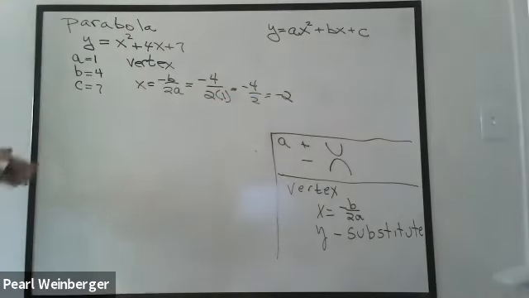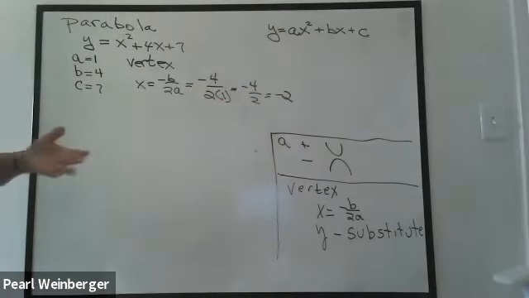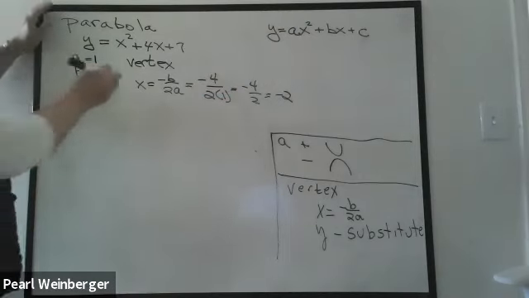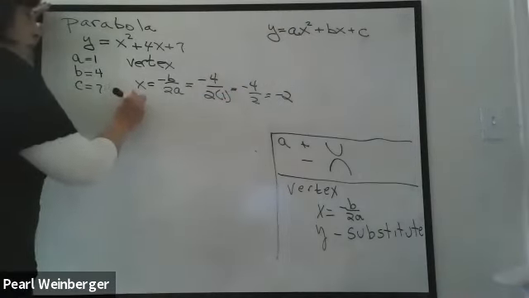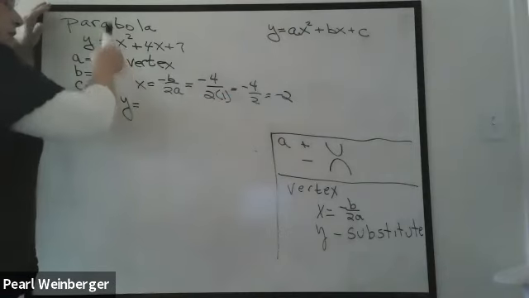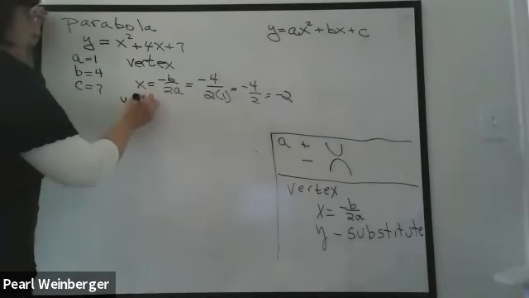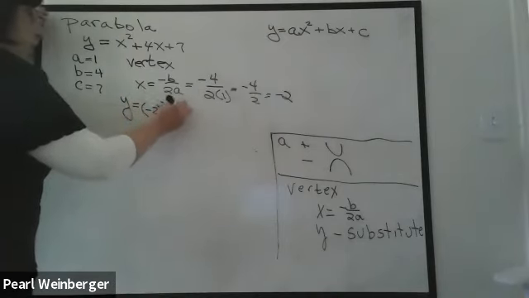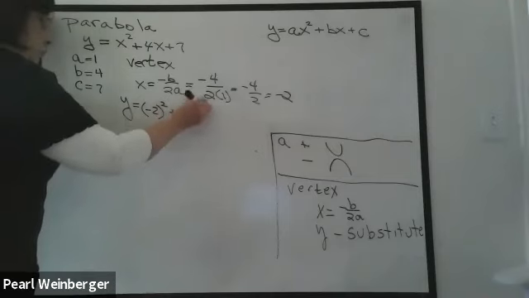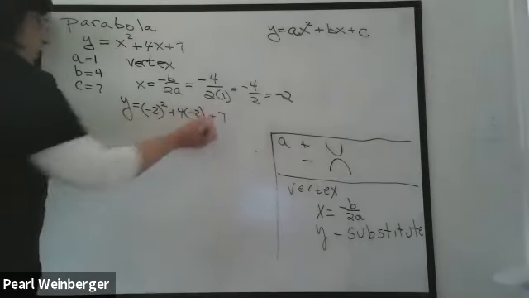Notice the formula that I gave you for the vertex doesn't give you the whole vertex. A vertex is a point, you need both an x and a y. It only gives you the x of the vertex. To find the y, you take this number and stick it into the equation. You substitute negative 2 for x, so you're going to get negative 2 squared plus 4 times negative 2 plus 7.